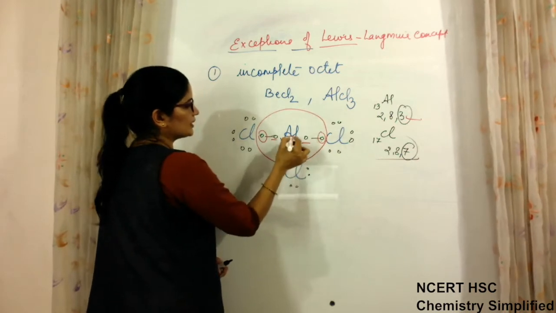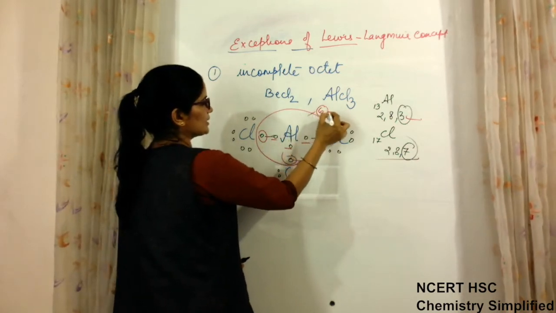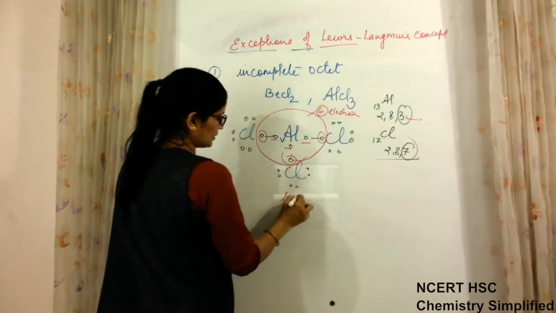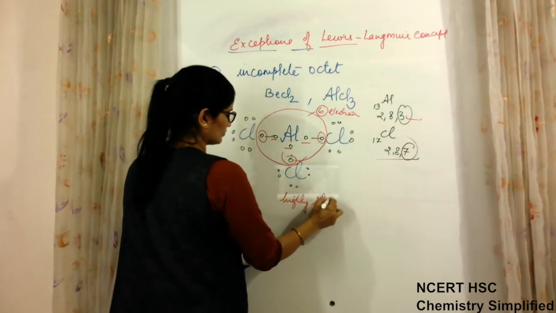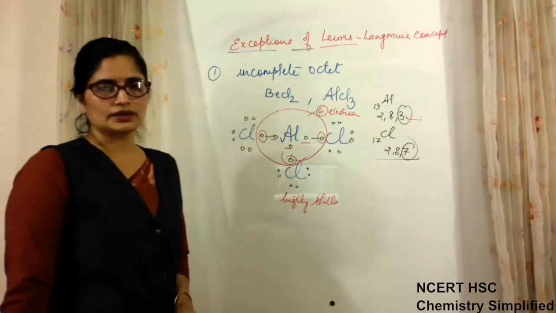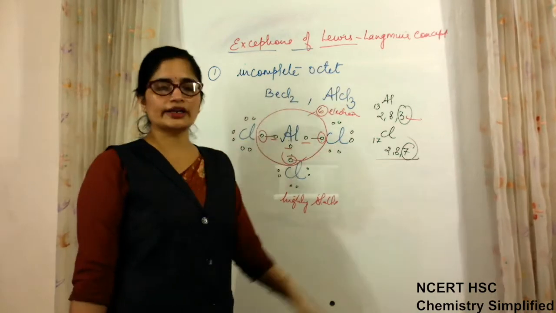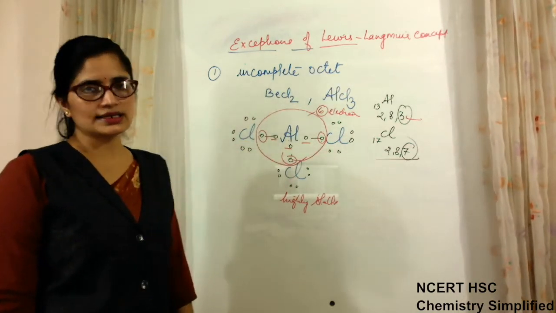So the central atom aluminium has only 6 electrons, but it is still a highly stable structure. So there are exceptions which do not follow the octet rule, and still those molecules are stable.